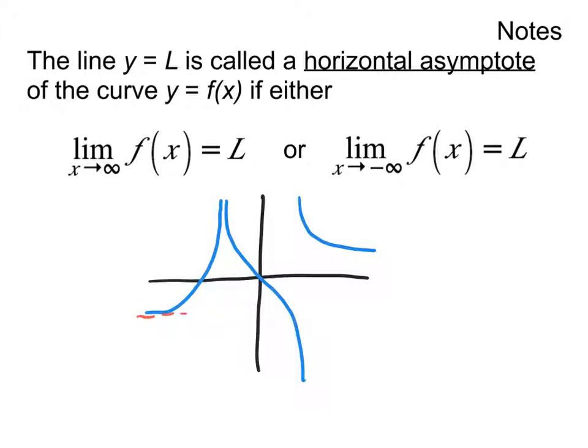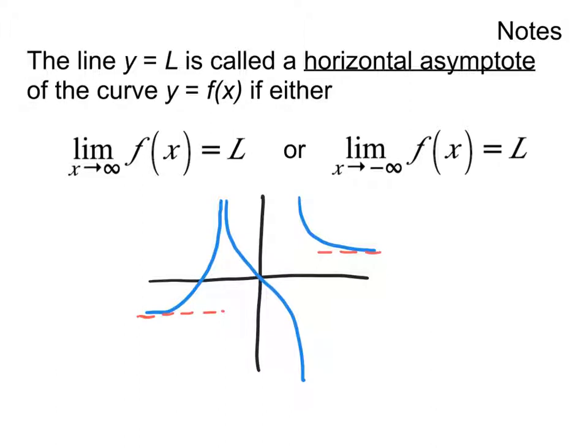Like on the left-hand side, I can have that horizontal asymptote down there. And on the right-hand side, as we approach positive infinity, we can have a horizontal asymptote up there. The horizontal asymptotes do not have to approach the same number at negative and positive infinities. You can have a graph that has them in different places.